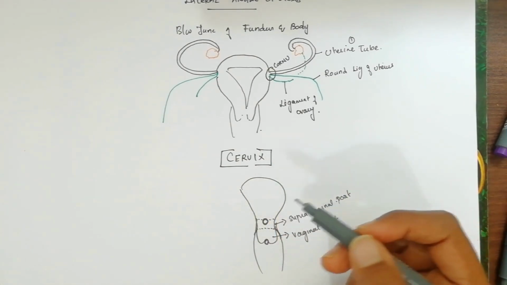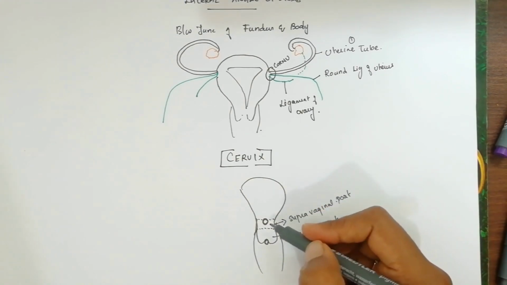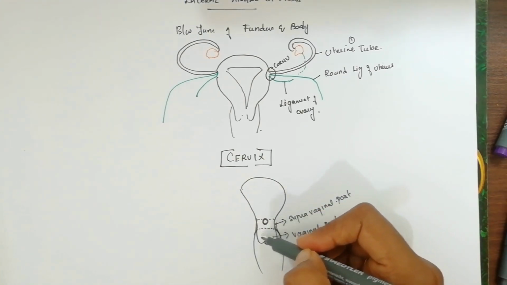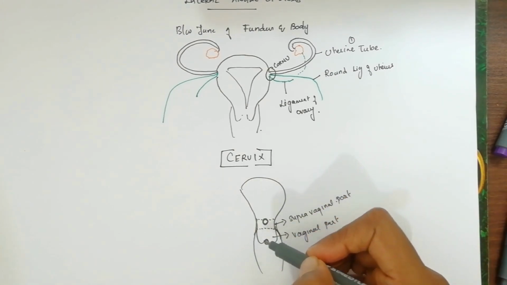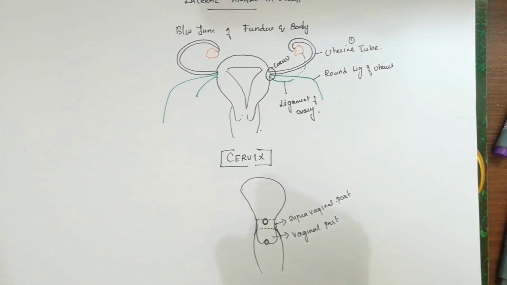About the course, it protrudes downwards and backwards from the isthmus through the anterior wall of the vagina, and it has a canal inside, which is called the cervical canal.